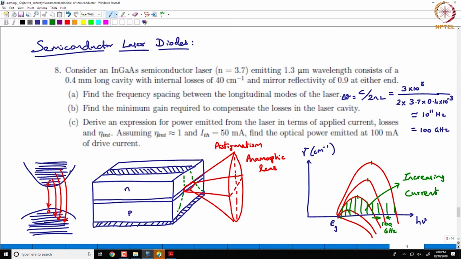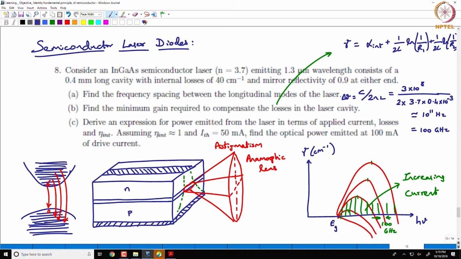Then the second part is, what is the minimum gain required to compensate the losses in the laser cavity. So, if we were to write it out, just like what we did before, your gain has to be equal to alpha int plus 1 over 2L ln of 1 over R1 plus 1 over 2L ln of 1 over R2, and in this case R1 equal to R2.